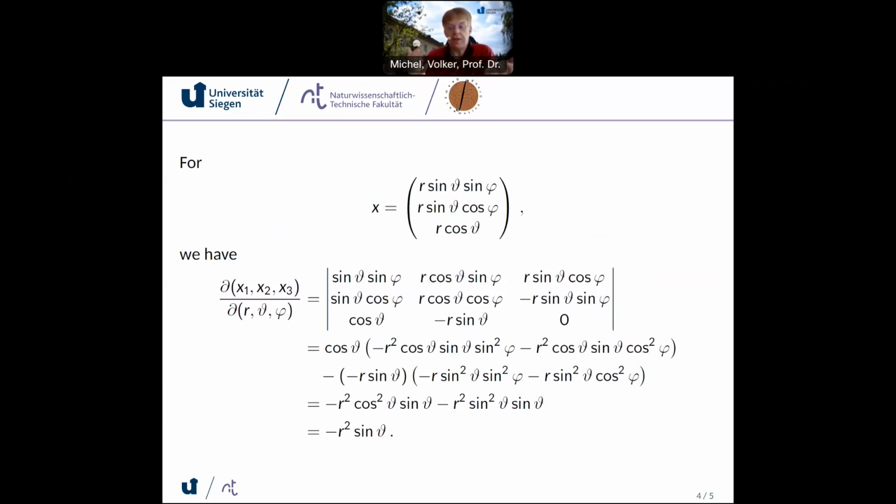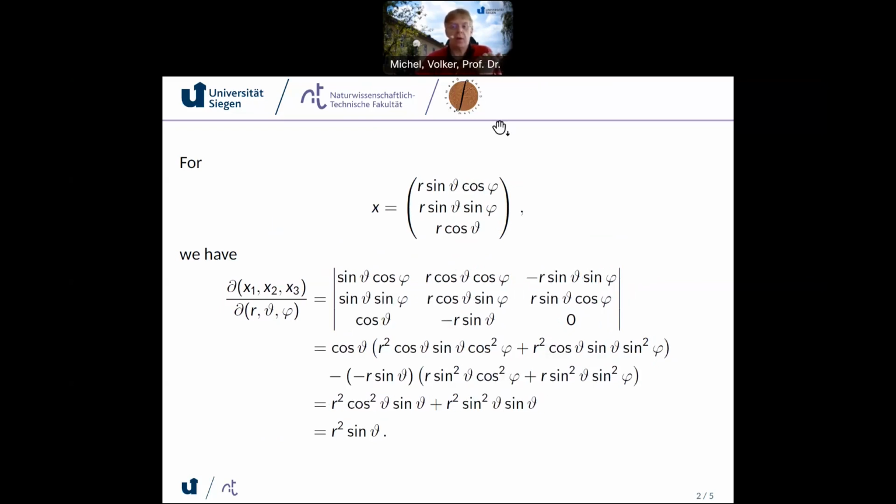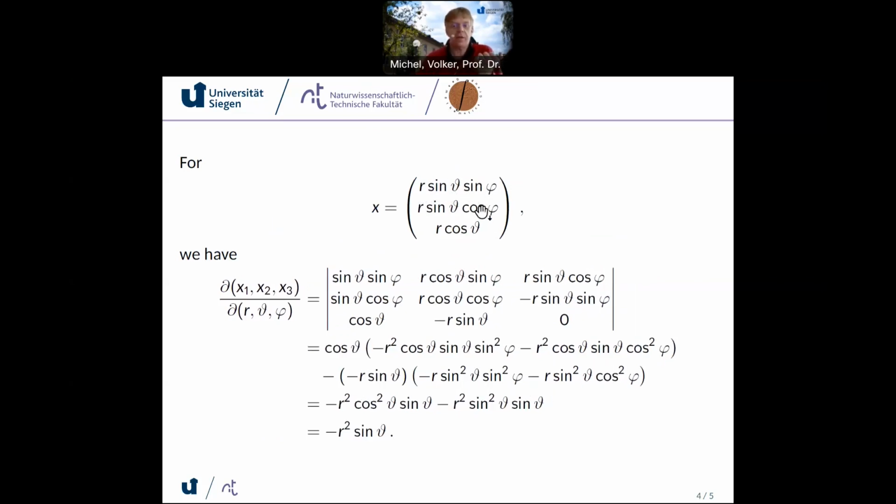what you just do here is interchange the first and the second component of the vector of the coordinate system. If you compare this one with that one, the r sine theta cosine phi, which was previously the first component, is now the second one. It's the same for the other components, the first and second were interchanged.